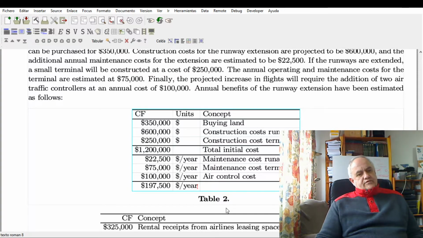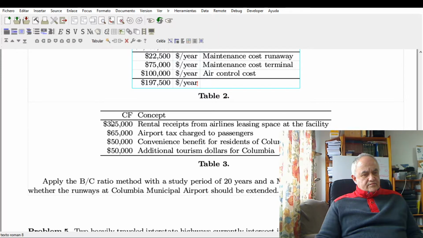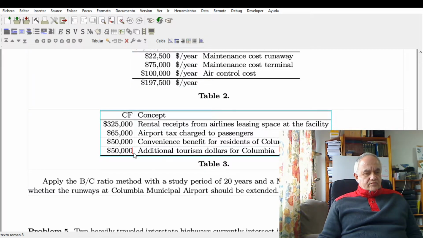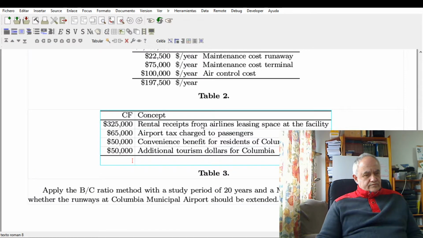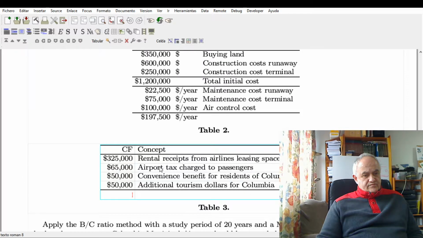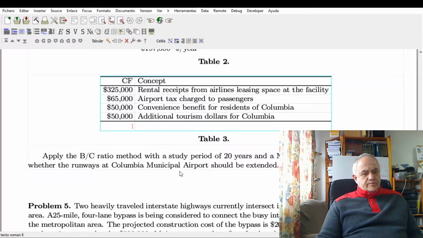About the benefits, annual benefits can be also calculated here. We can now obtain the benefits per year.